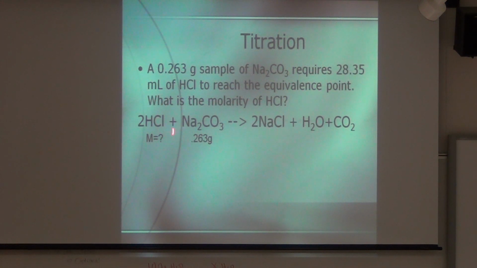So we're looking for the molarity of the HCl. We have 0.263 grams of sodium bicarb to start with. I didn't include it here, but we certainly could write 28.35 mL under the HCl as well.